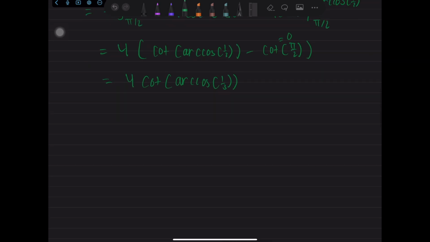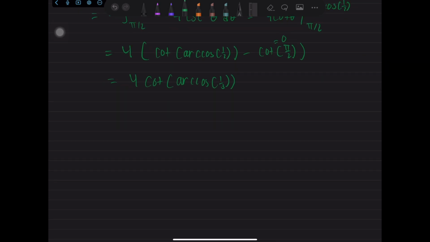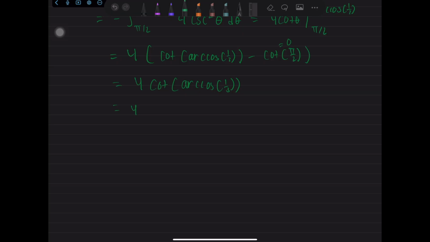So, take arc cosine of 1/3, and you have cotangent of this, okay? Let's rewrite cotangent as cosine. So cosine of arc cosine of 1 over 3, all of this over sine of arc cosine 1 over 3.